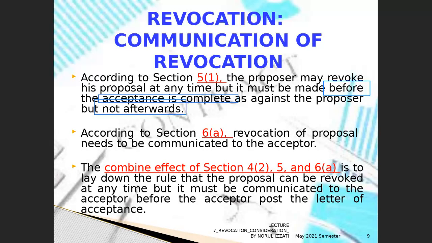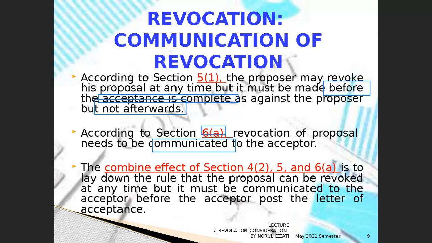According to section 6A, revocation of a proposal needs to be communicated. It is not only by intention, or by telling others and thinking that they may pass it on, because sometimes one person discusses with another and then gives the information to a third person. That one is not properly done.